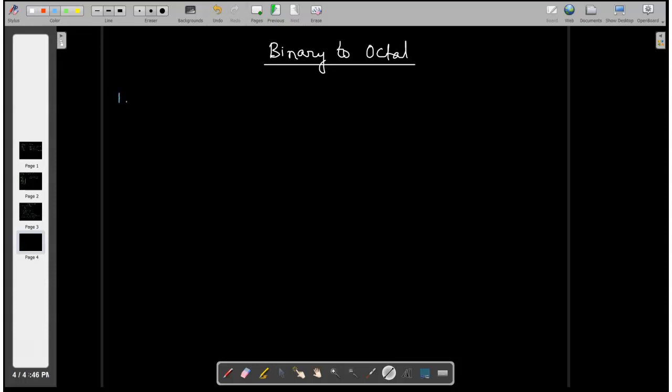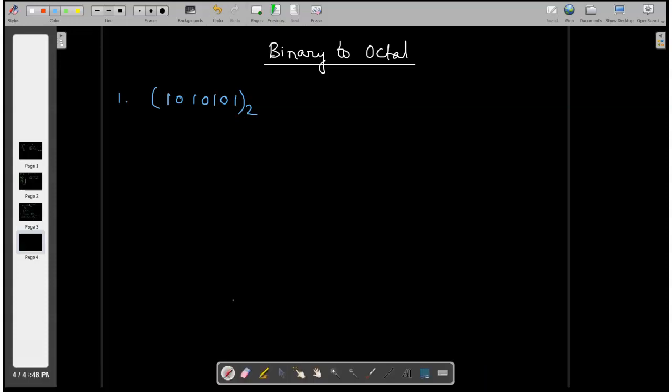So let us take a binary number, 101001. Yeah, this is a binary number. Now what do we need to do? We have to convert it to an octal number. So how do we do that? Let us see that.